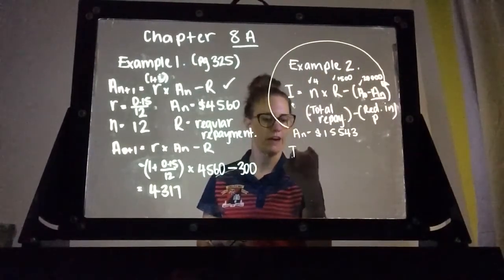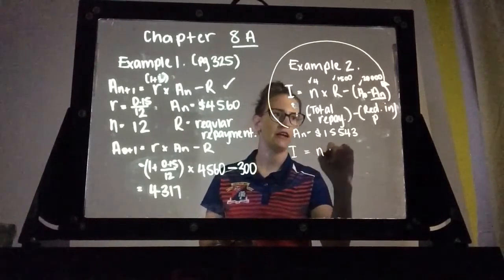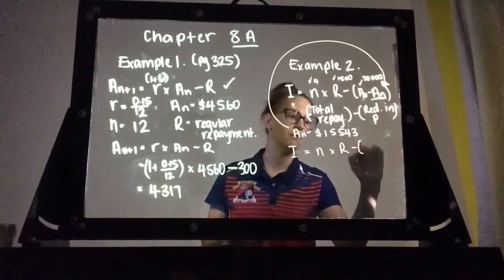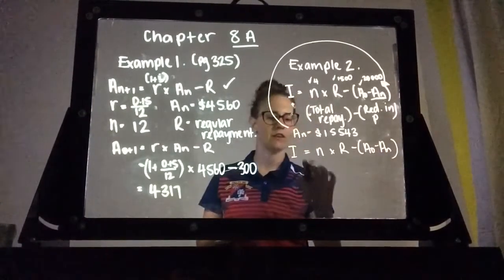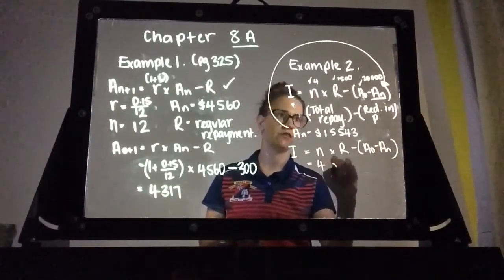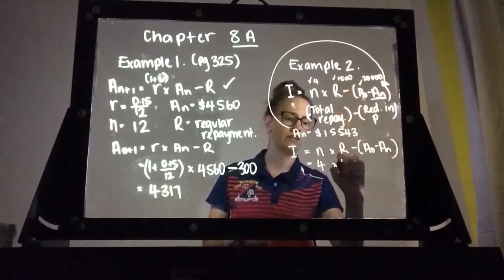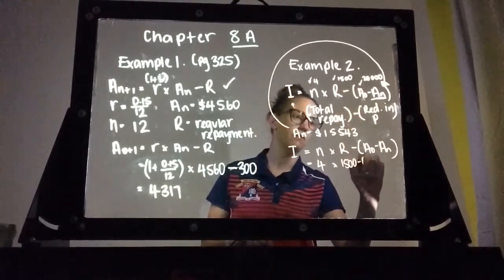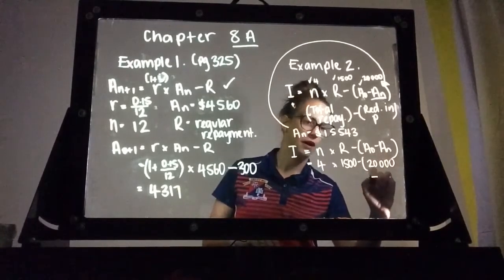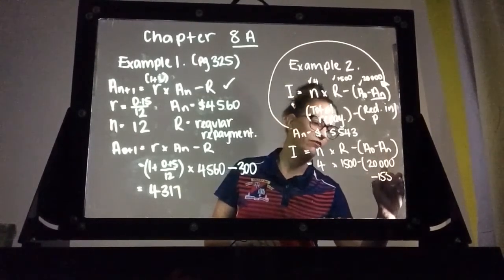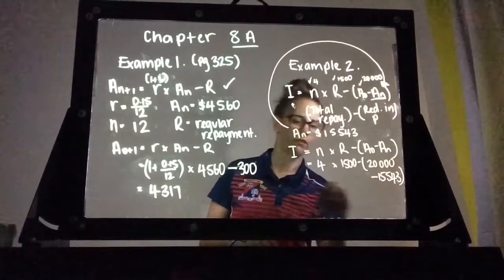So I'm going to have capital I equals N times R minus AO minus AN. N is 4. Our repayment is 1,500 minus 20,000 minus 15,543.